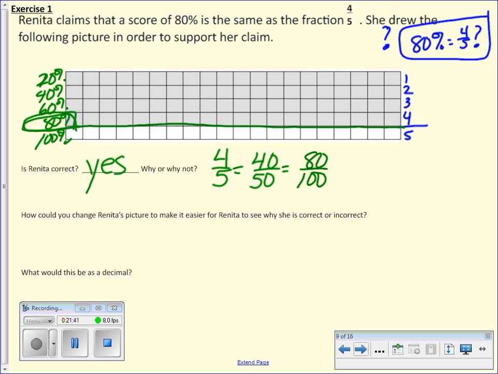We always want it out of 100 because what does percent mean? Out of 100. So when it's over 100, it's easier to see it as a percent. So is she correct? Yes. Any questions?